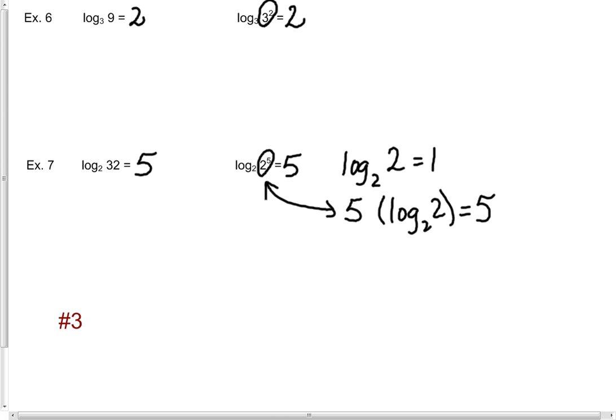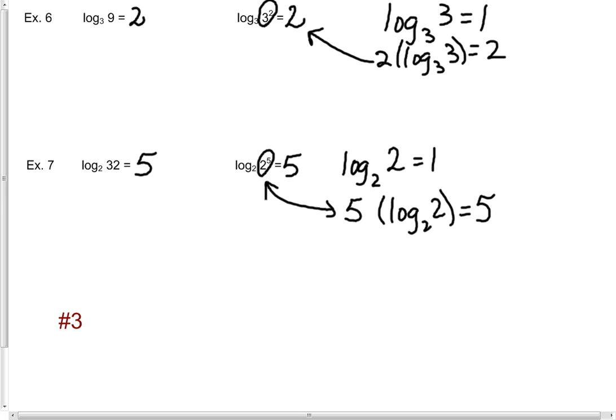Let's look at the one above it. What is log base 3 of 3? Also a 1. And 2 times log base 3 of 3 is the number 2. So if I were to bring that exponent down in front of the log, I would have an equivalent expression.